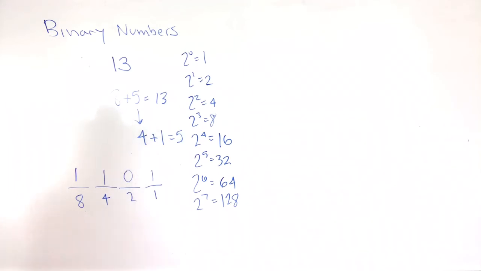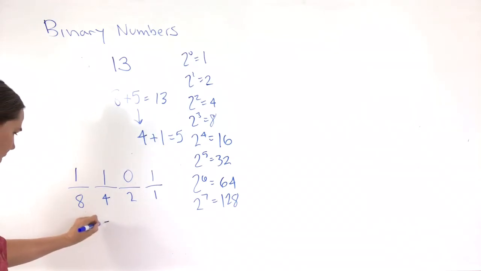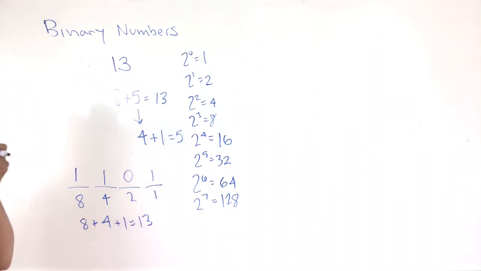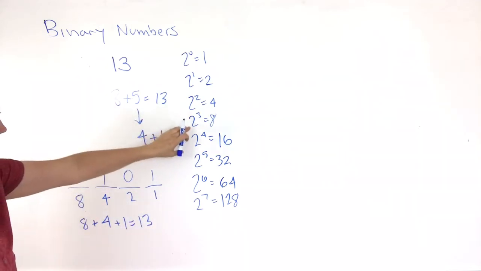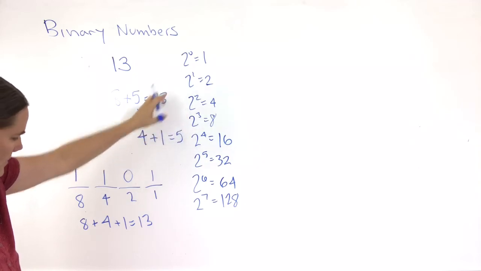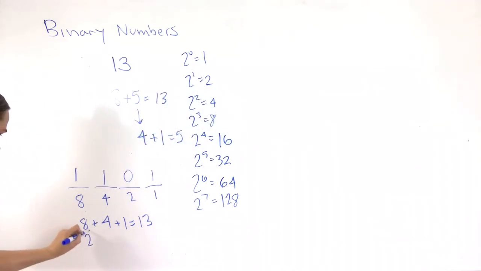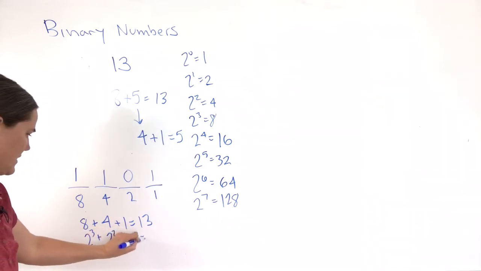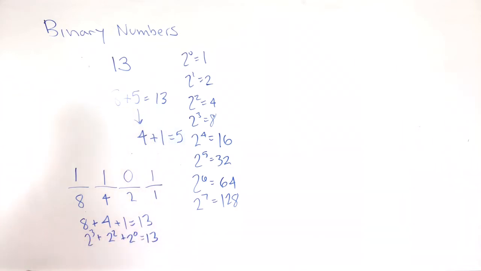So 8 plus 4 plus 1 is equal to 13. Or another way to write this is to go back to this 2 to the 3rd, 2 squared. So 2 to the 3rd plus 2 squared plus 2 to the 0 is equal to 13.